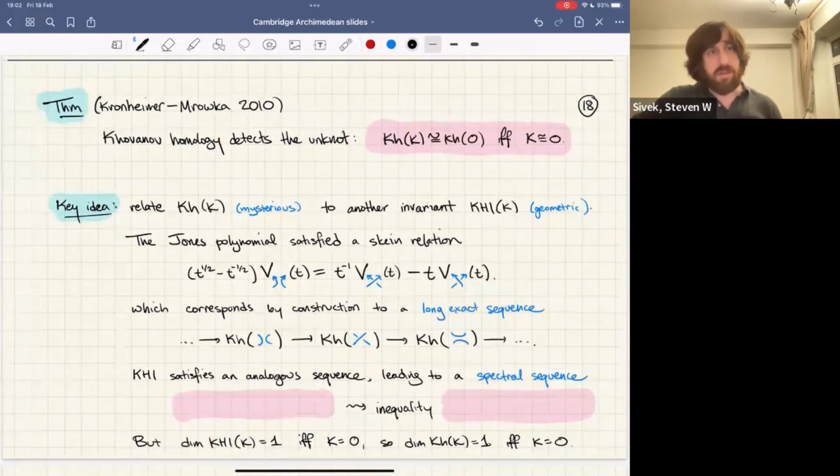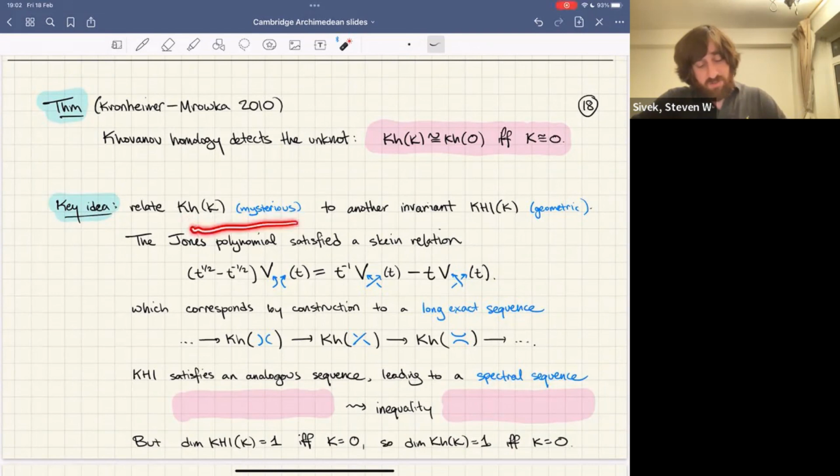Okay. And I'm a little out of time, so I'm going to maybe skip over the key ideas. But really, the point was that they managed to relate the mysterious Khovanov homology, mysterious in the sense that we don't know what it means geometrically, to another invariant, which had a much more geometric construction. They proved that there was a spectral sequence leading from one to the other.